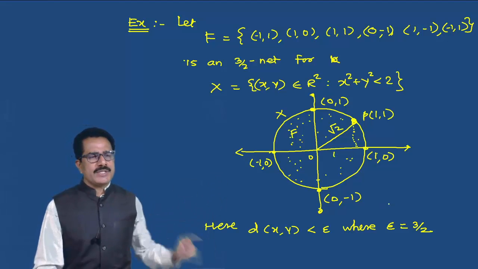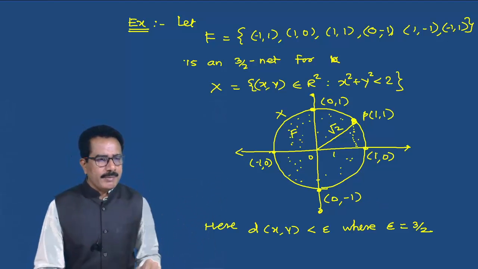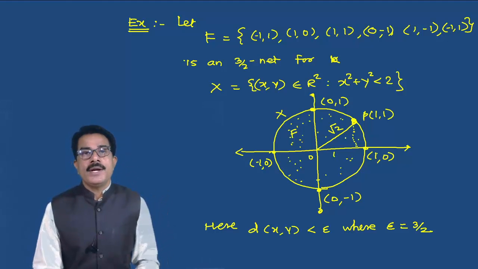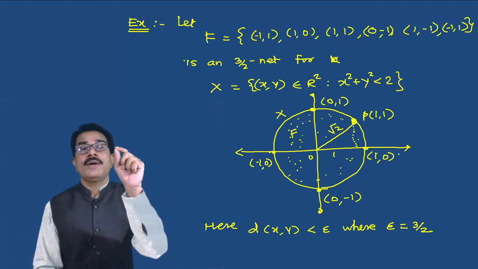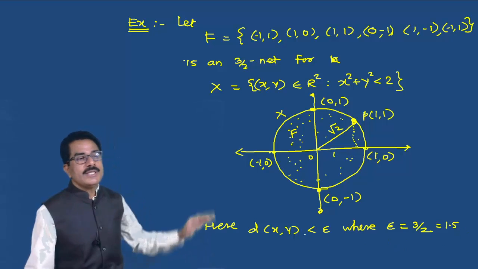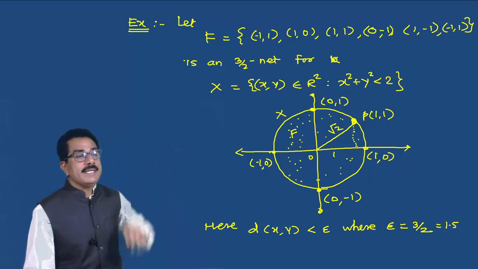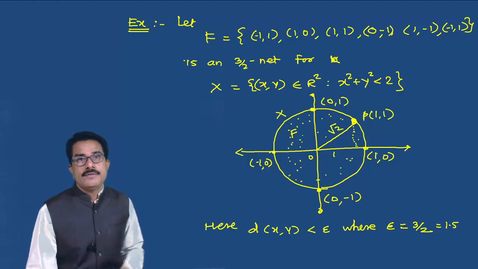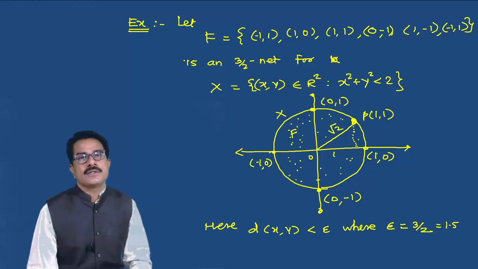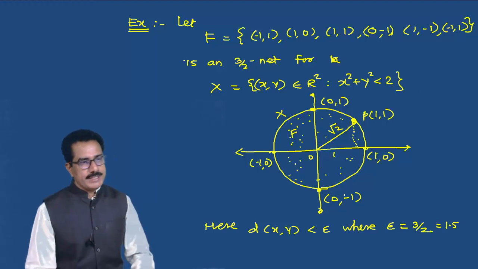Wherever you measure the distance, the maximum distance here is √2, which is 1.41, less than 1.5, that is 3/2. So this set is called the epsilon net for F, the epsilon net for X equals capital X, which satisfies this condition.